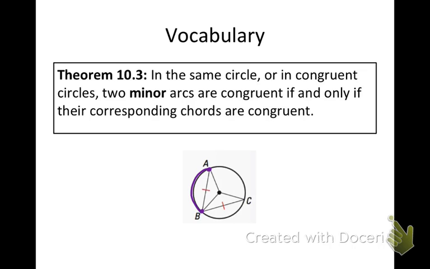Is that a minor arc? Yes. And the other one would be arc BC. Is that a minor arc? Yes. So since the chords created with those endpoints are congruent, what this theorem says is that the arcs would then also be congruent.